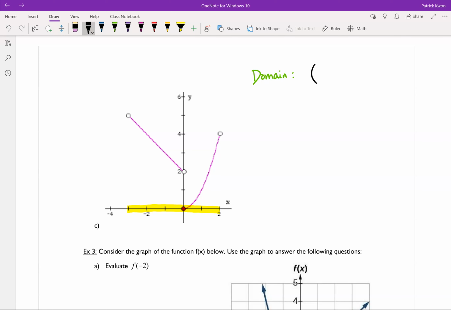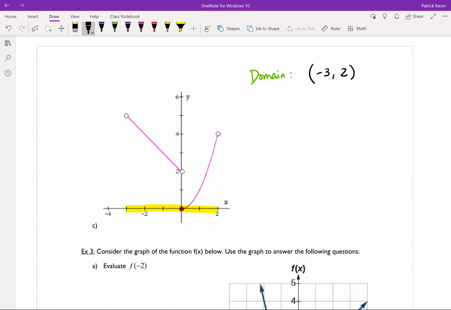So our left endpoint there is -3, and then our right endpoint is +2. And if I wanted to write that in inequality notation, that would look like x is greater than -3 and less than 2. So that's how you would write it in inequality notation.